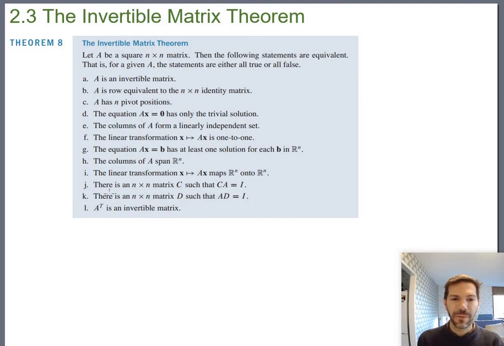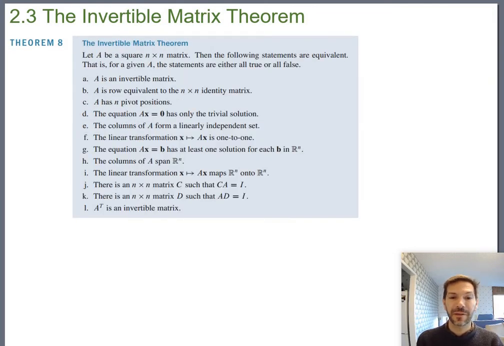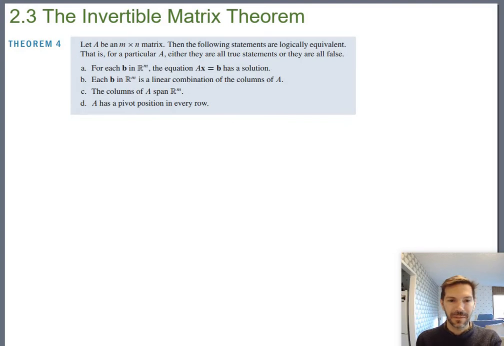Notice we have some familiar statements here. G, the equation Ax equals b has at least one solution for each b. That's the same as the first statement from Theorem 4. So if you can always solve, that's the same thing as saying the columns of A span the space. Again, that's the same as C before.